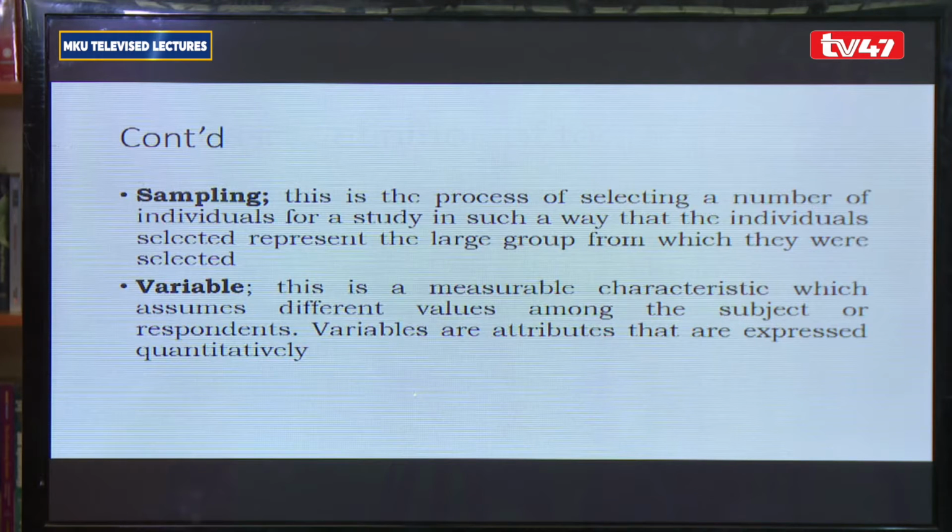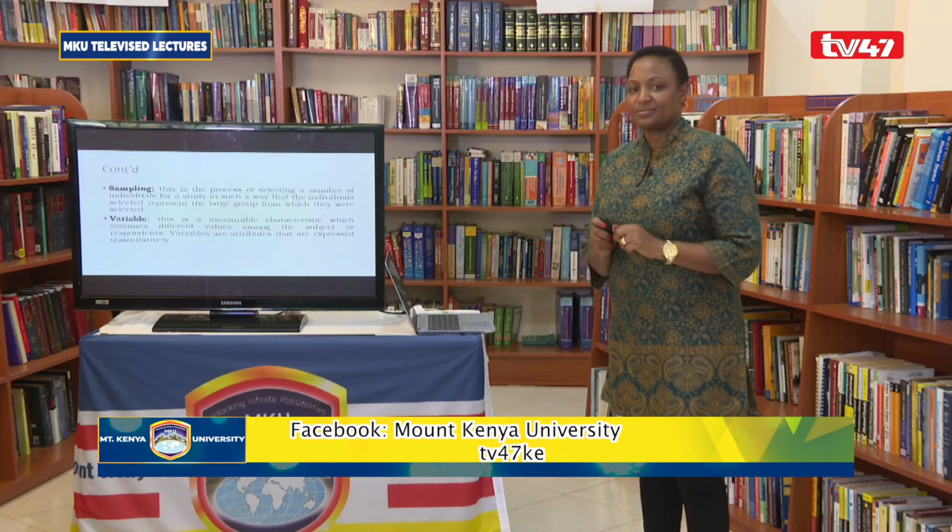Another key term that is very important to any researcher is the term variable. This is a measurable characteristic that assumes different values among the participants. Now, when we talk of assuming different values among the participants, and we call it a variable, you recall somewhere we also talked about parameter.